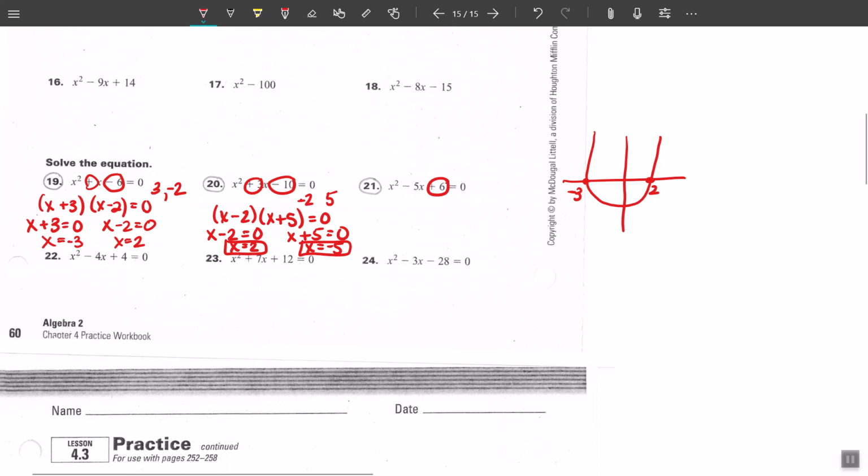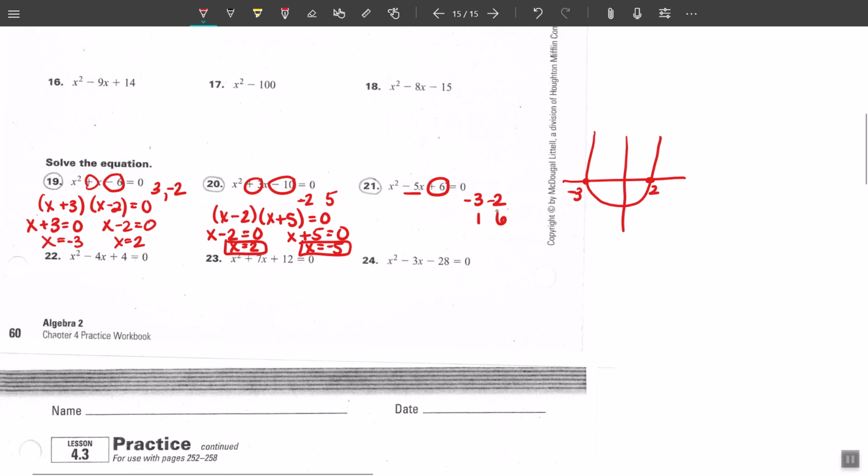All right, number 21, factors of 6 that add to negative 5. So 3 and 2, 1 and 6 are also factors that we should check. We need them both to be positive or both to be negative because the 6 is positive here. So the only two that are going to work are making these two right here negative.